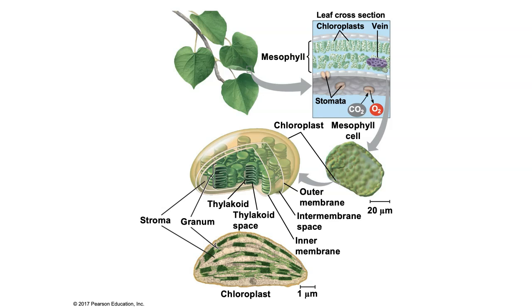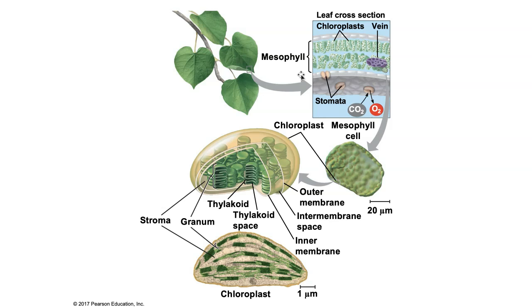And chloroplasts are found mainly in the cells of the mesophyll, which you see here, which is the interior tissue of the leaf. Each mesophyll contains anywhere from 30 to 40 chloroplasts.